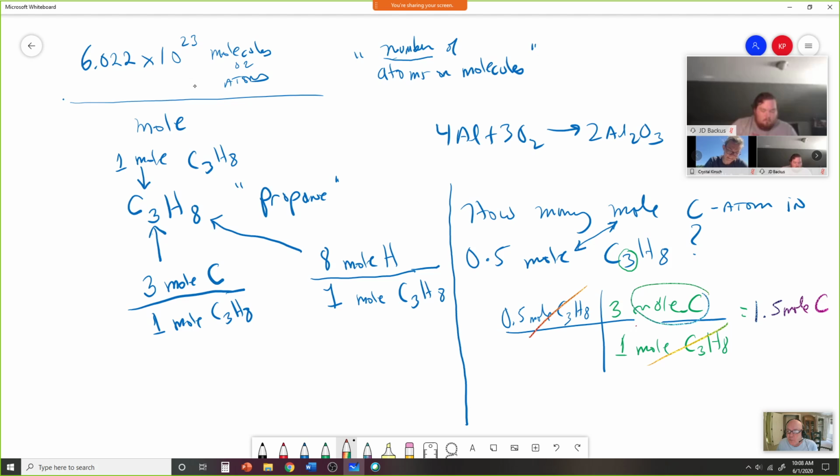Or you can say the something was propane and the something else was carbon atom. But they are 2 different things. In other words, carbon atom is different from propane. Everybody agree that those 2 things are not the same thing? And they're not. So here comes our next relationship.